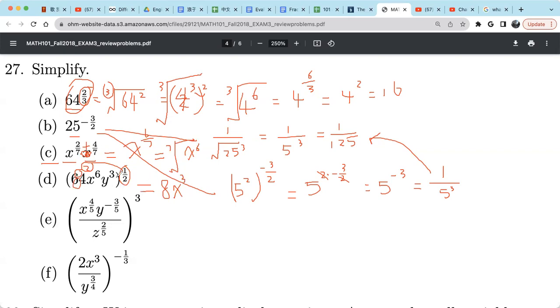Then y cubed. Y cubed times half, so 3 times half, that's 3 halves. That's y raised by 3 halves. 3 halves is an improper exponent, 3 over 2, and it's bigger than 1. So we rewrite it as y raised by 1 plus one half.